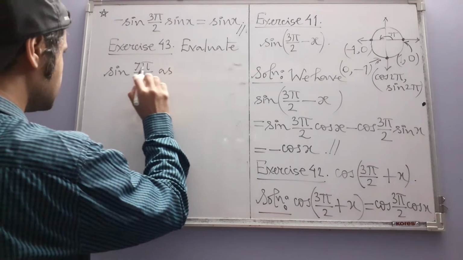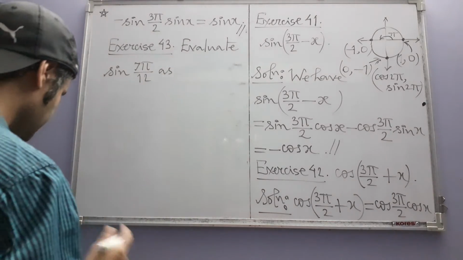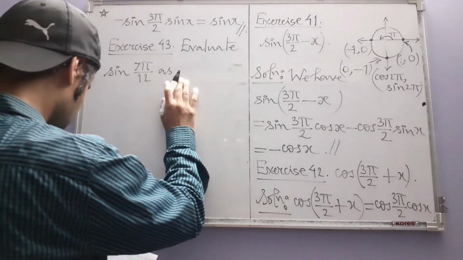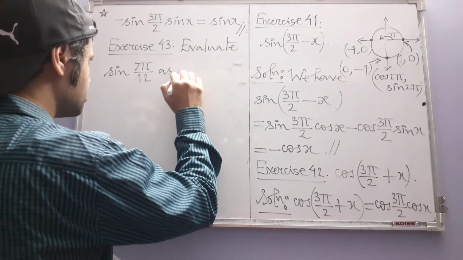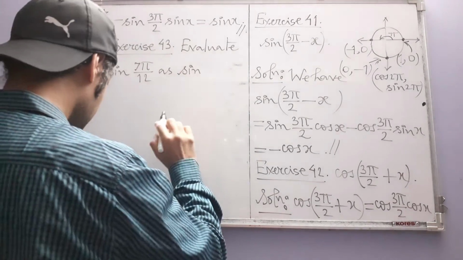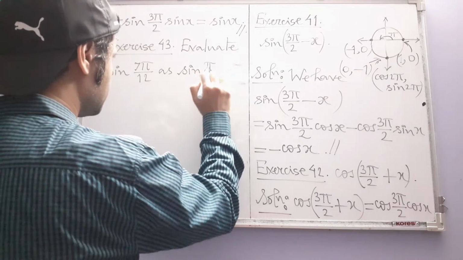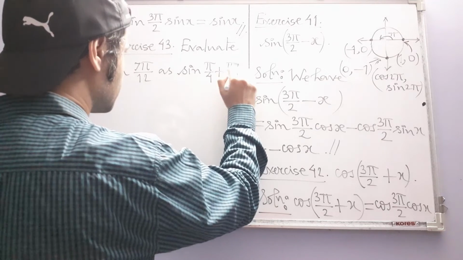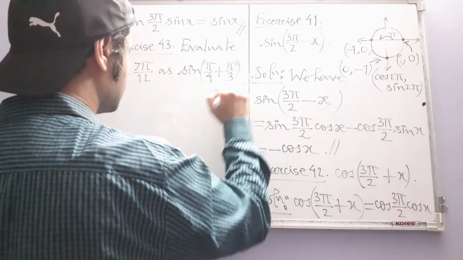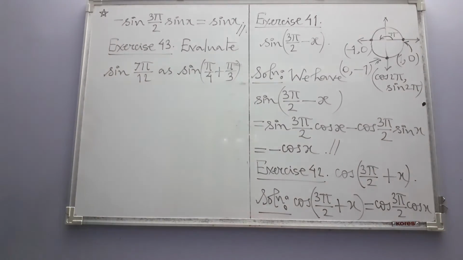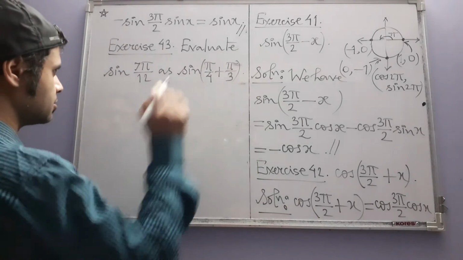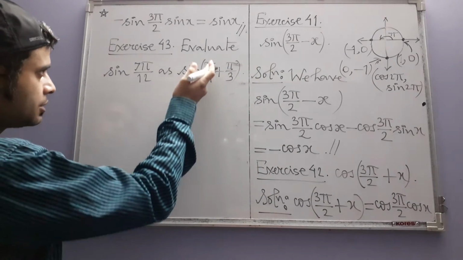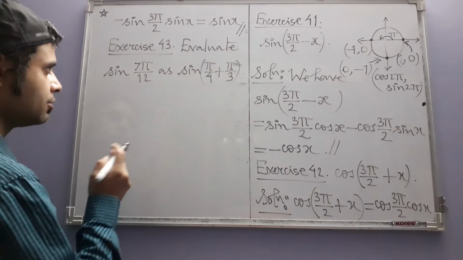This is not a standard angle by any means, but even for some other angles like this, you can calculate the values of the trigonometric functions using the sum formulas, because you obviously see that this sum is 7 pi over 12.